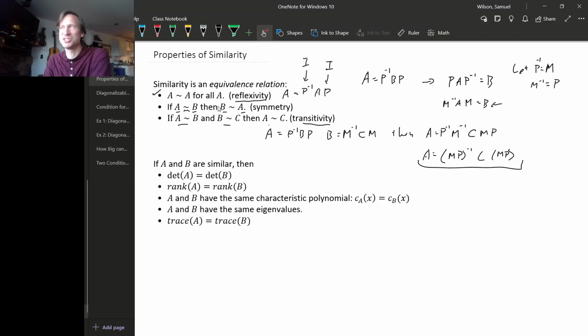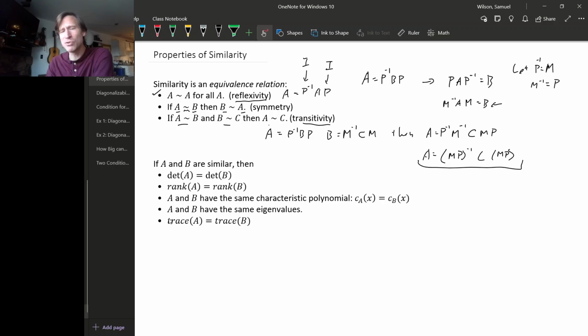The important thing about this equivalence relationship is that it breaks up all of the n by n matrices into so-called equivalence classes, that is, collections of matrices that are all similar to each other. It turns out that's an important thing, which we'll get to later. There are some other important facts about similar matrices.